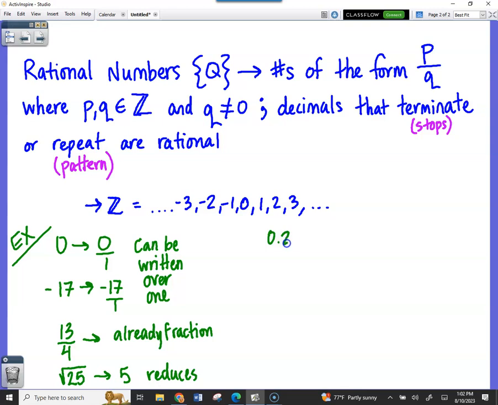Okay? 0.25. It's rational because it terminates. Right? It stops. And I picked a nice one that you're already familiar with. But 0.25 is 1/4. Let's say you're having a bad day and you can't come up with that in your head. You're looking at that and you don't see that it's a quarter.